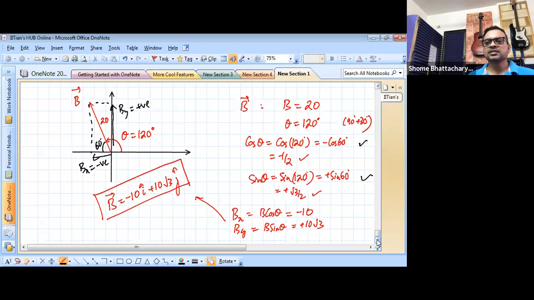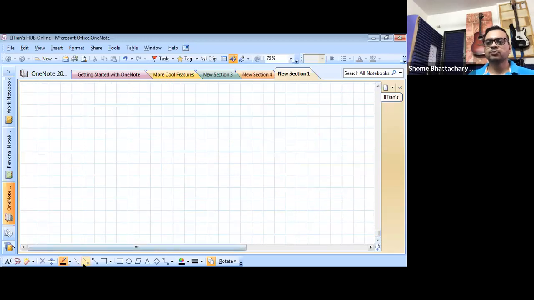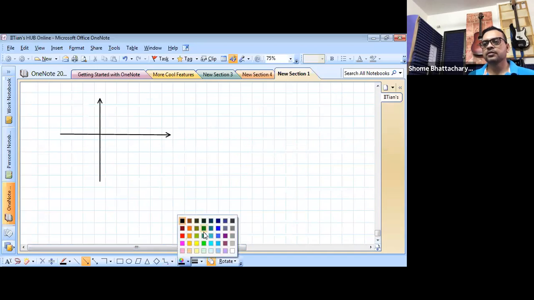Now the case of vector C is very simple. You don't have to bother much. Vector C, you can see, is directly along the negative y direction. So its direction is minus j. Vector C is directly like this. So vector C will be just written as its magnitude, but in the direction of negative y axis.